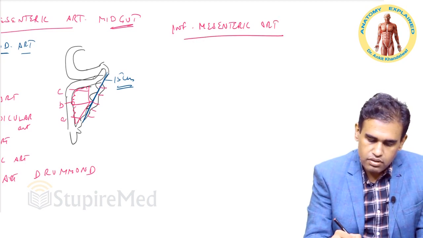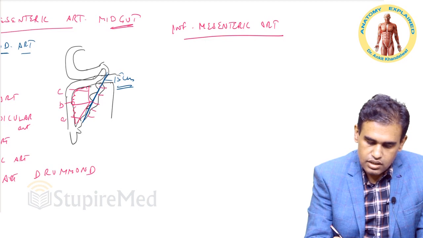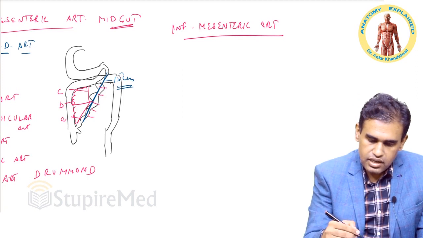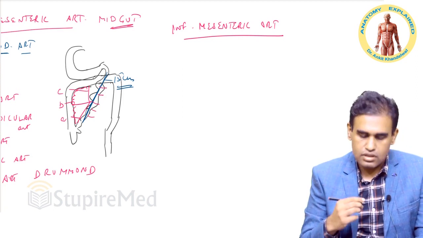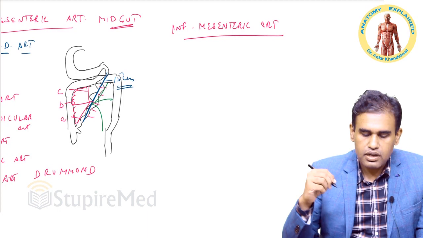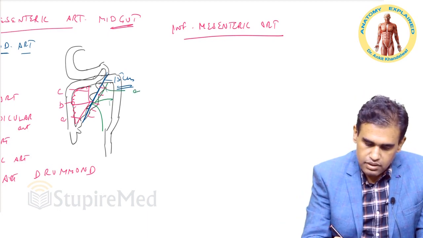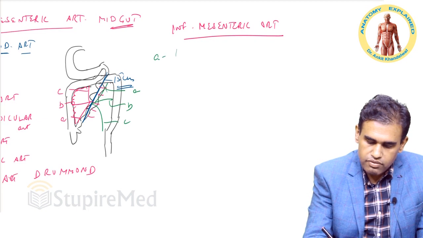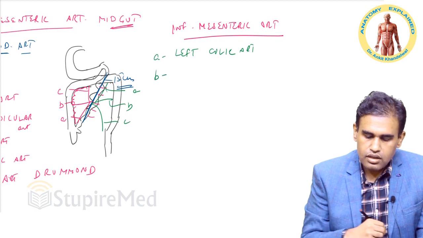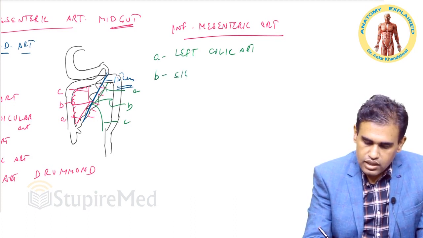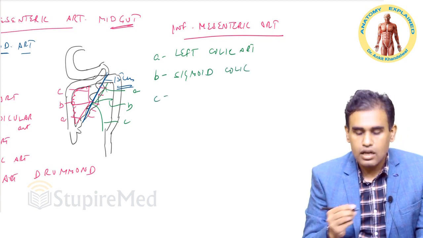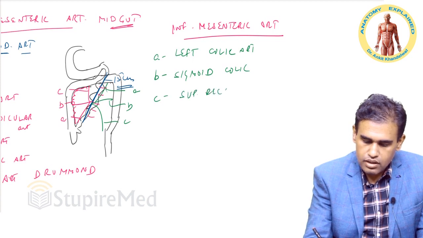If we continue the gut from the proximal 2/3, the distal 1/3, descending colon, sigmoid, rectum and anal canal, this inferior mesenteric artery, if we take the green color to represent its branches, will also give 3 major branches, which again we label as A, B and C. A will be your left colic artery, B will be your sigmoid colic artery, and C is going to the upper part of the rectum. We call it the superior rectal artery.